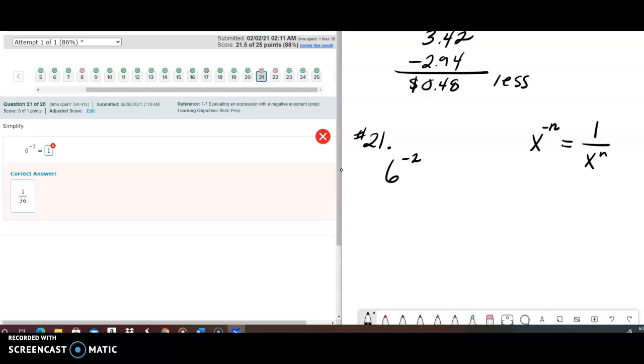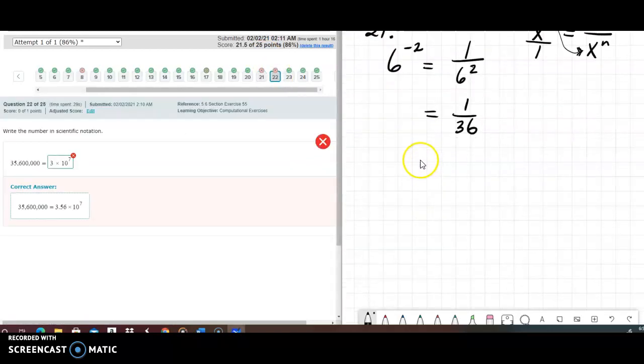It flips where the base is. We don't write this over 1, but you can. Any whole number can be written over 1. If the base is in the numerator, it's going to flip to the denominator and become a positive exponent. So it's 1 over 6 squared, or 1 over 36 when I go to simplify for 21.